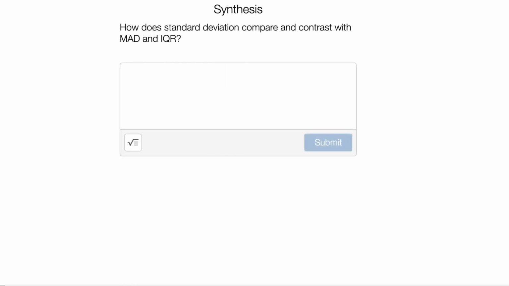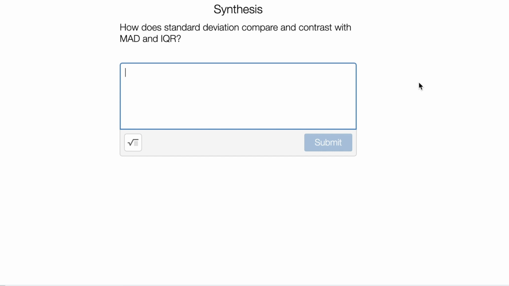How does standard deviation compare and contrast with mean absolute deviation and IQR? So I want you to type what you think about that. How do they compare and contrast with mean absolute deviation and IQR? Okay, well, how does it compare?